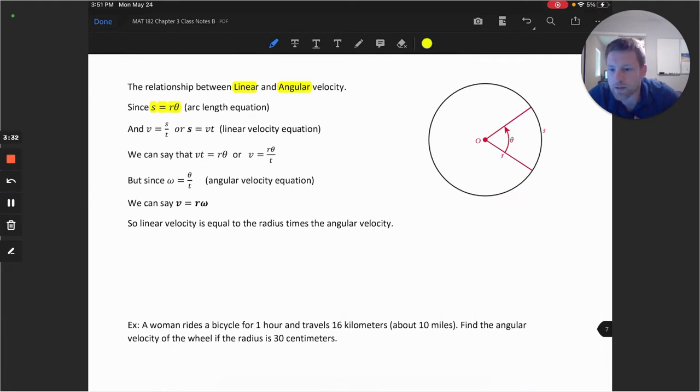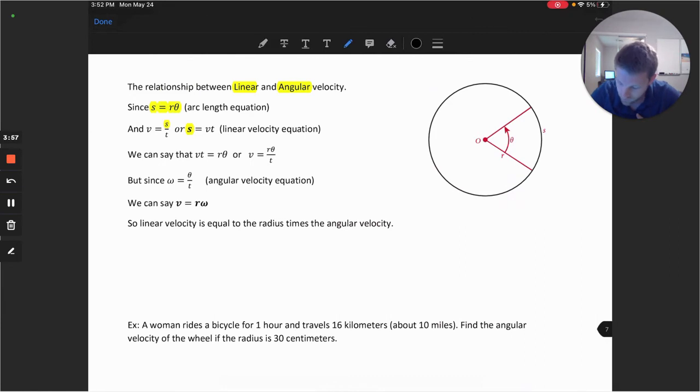And we know that the velocity v, the linear velocity equation, is v equals s over t. But we know that we can rearrange this equation for s, and so that would be saying that s is equal to v times t. Now, notice that both of these two equations have the arc length s.